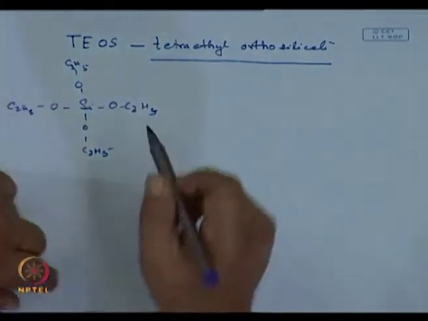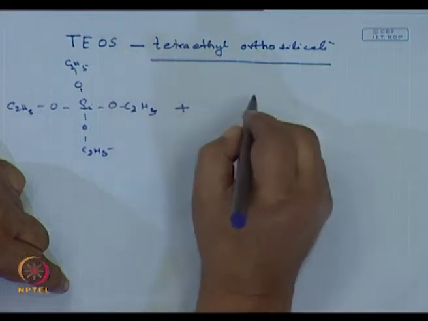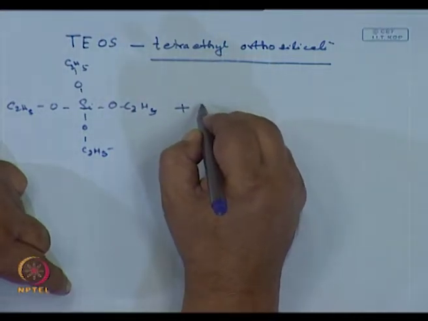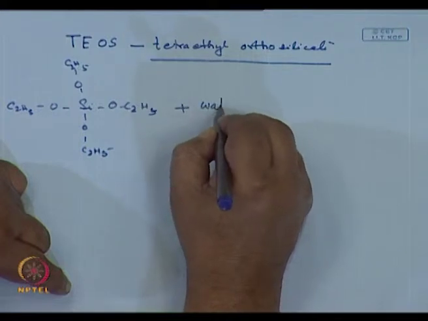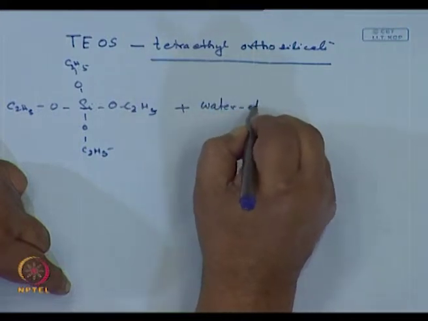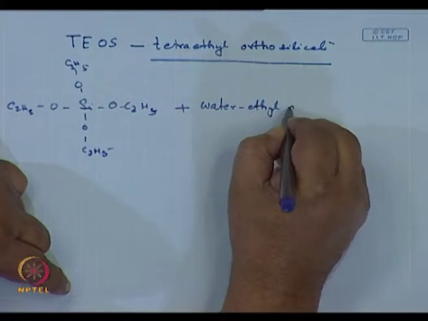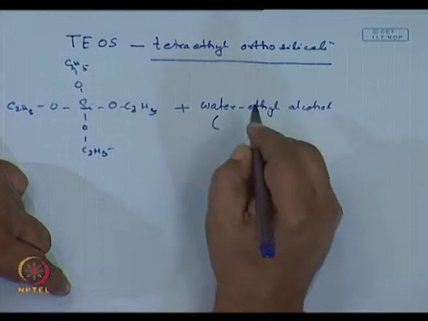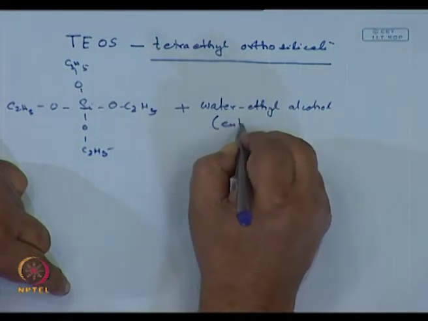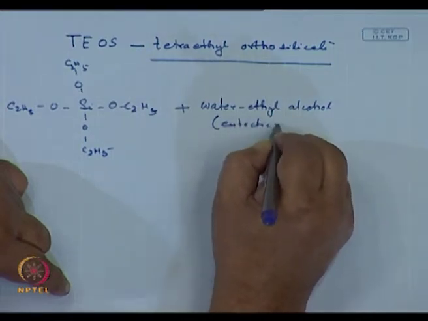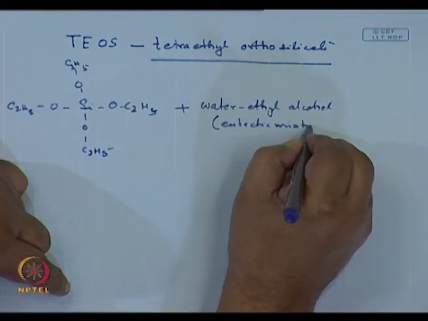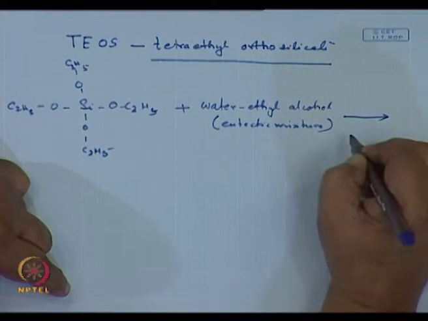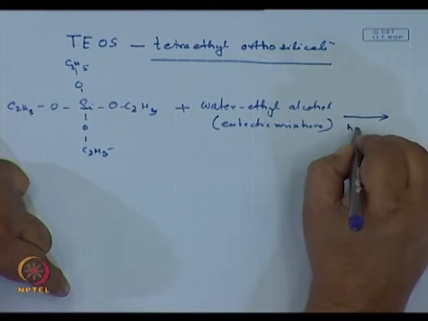If we take this material with, let me say, water and ethyl alcohol, let me say I would take the eutectic mixture, and then it is allowed to hydrolyze.